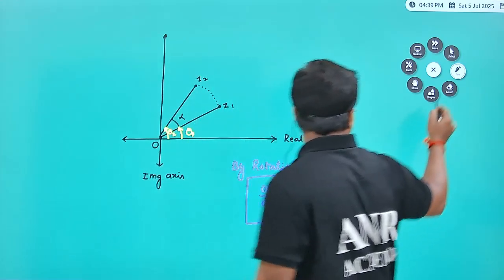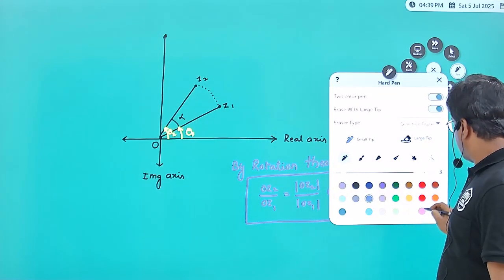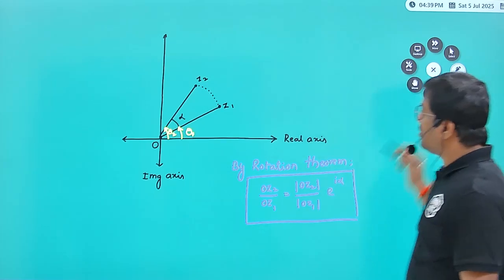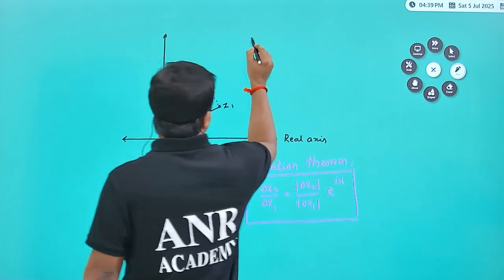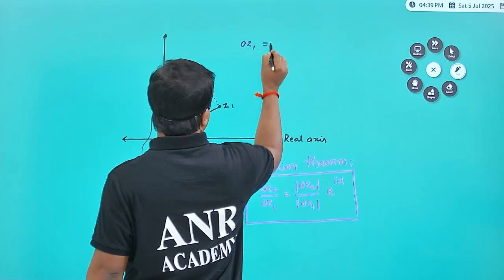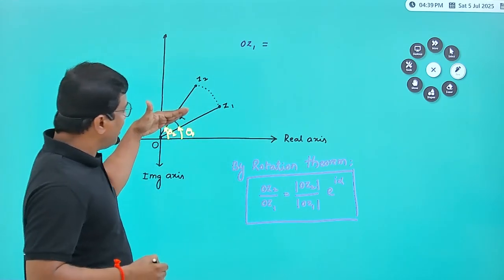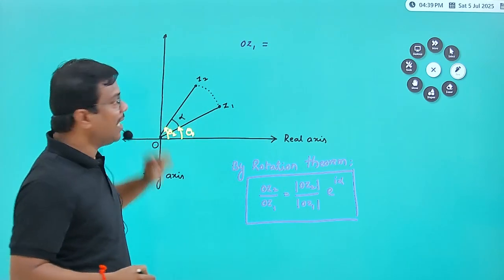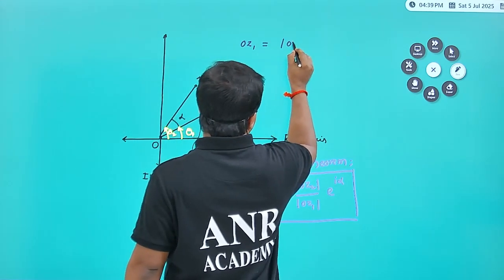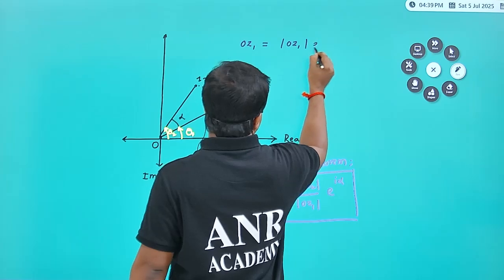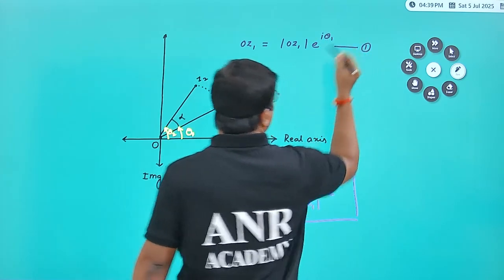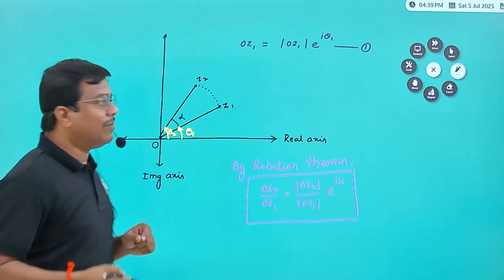Here you have OZ1, that is a vector. Clearly in the figure it makes an angle theta 1 with the real axis, so I can write modulus OZ1 e power I theta 1, and this is the result by Euler form.